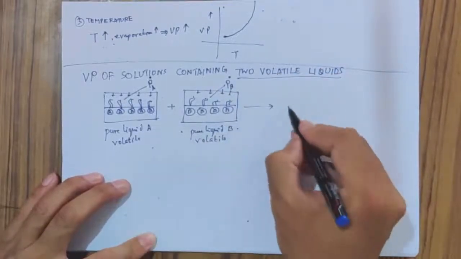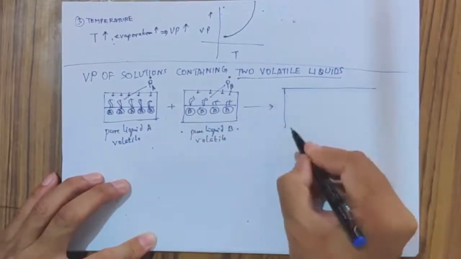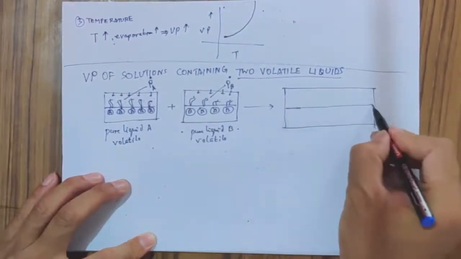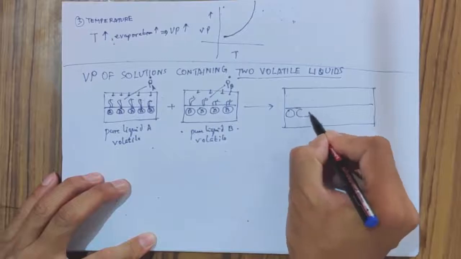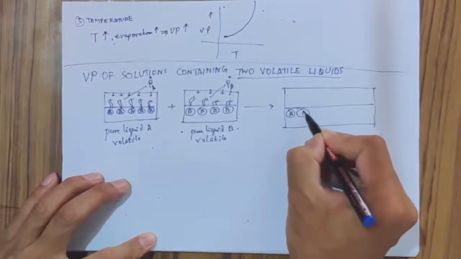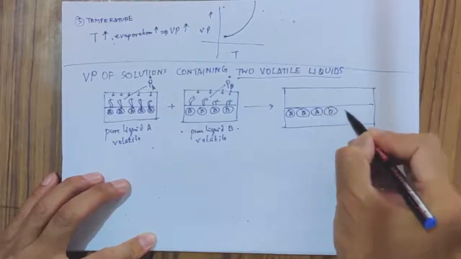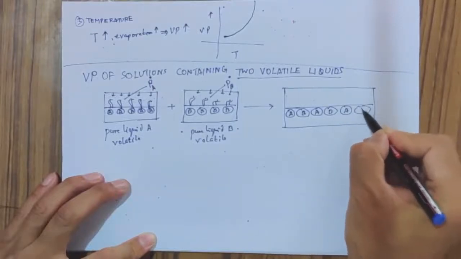Now in an AB solution, A and B are no longer pure. It's a mixture, a solution. A mixture of what?